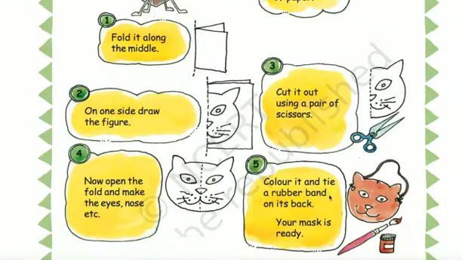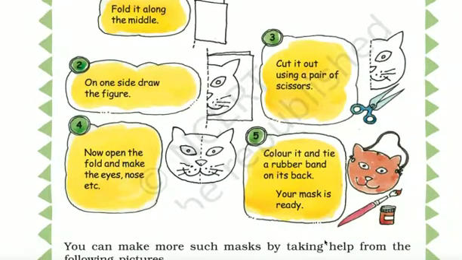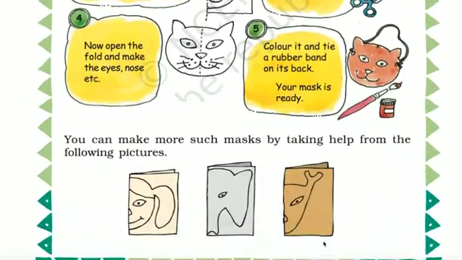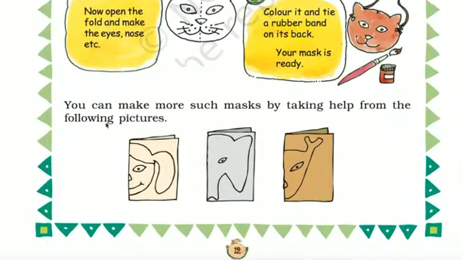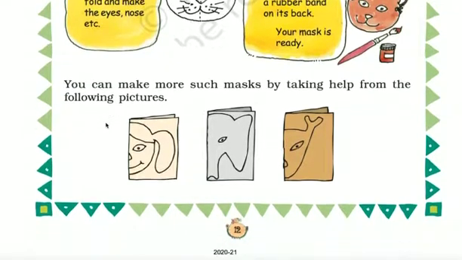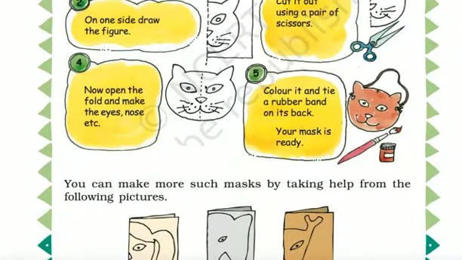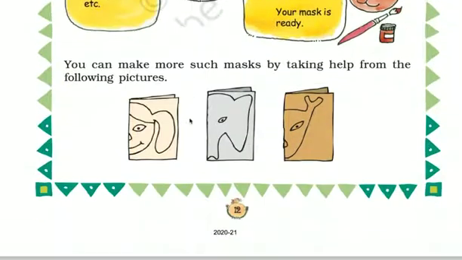Color it and tie a rubber band on its back. Your mask is ready. Oh, that is a very good mask, right? I don't understand why he is laughing in the middle. Okay, anyway, you can make more such masks by taking help from the following pictures. Whichever are symmetric from the midsection, you can make such types of masks.